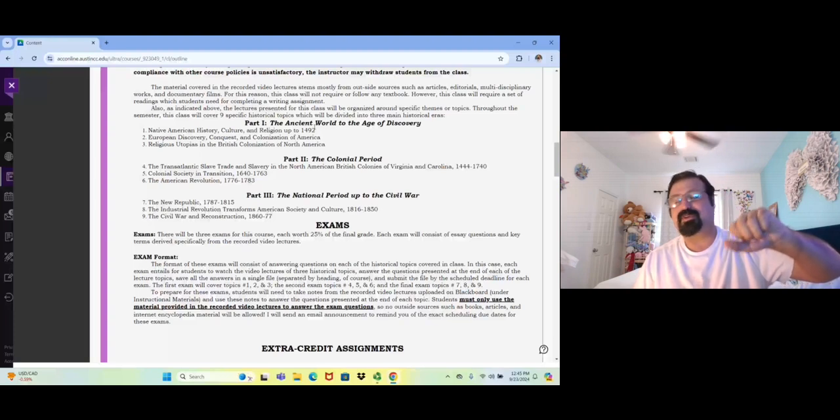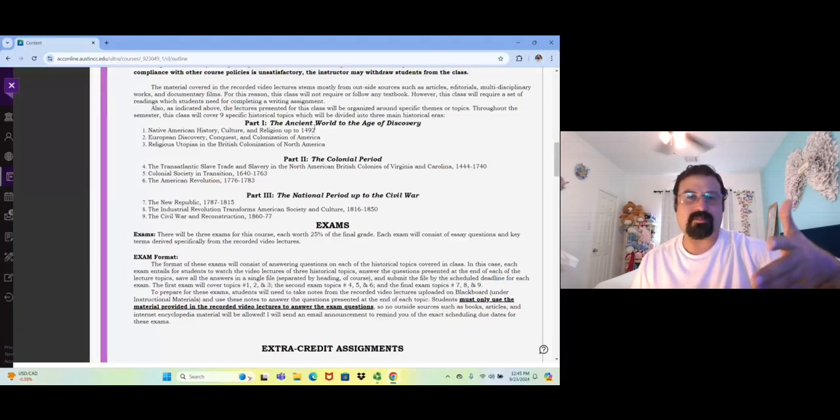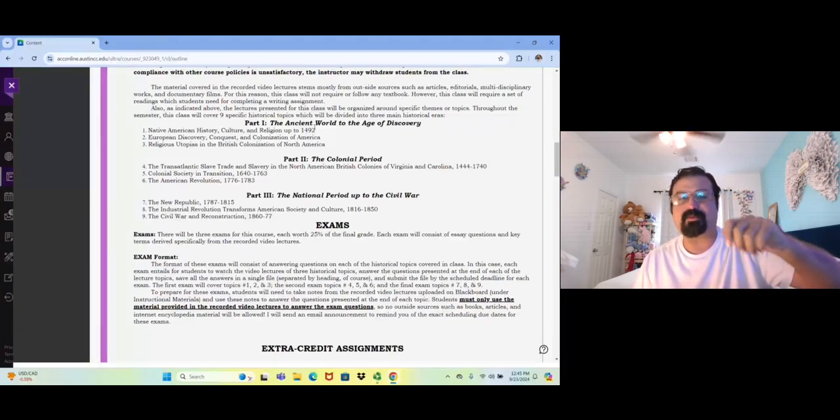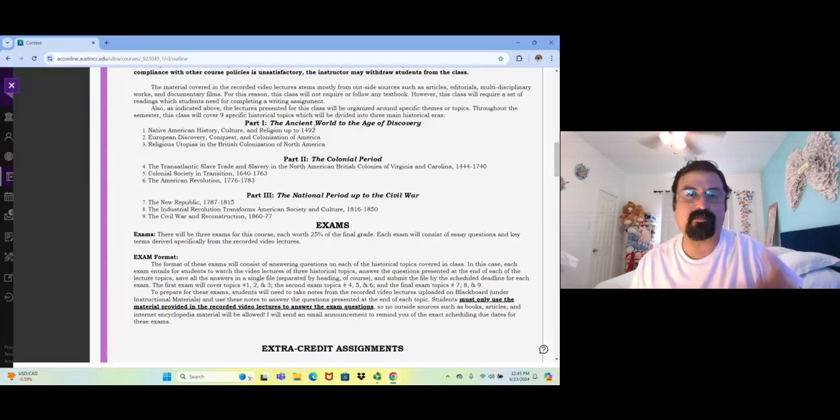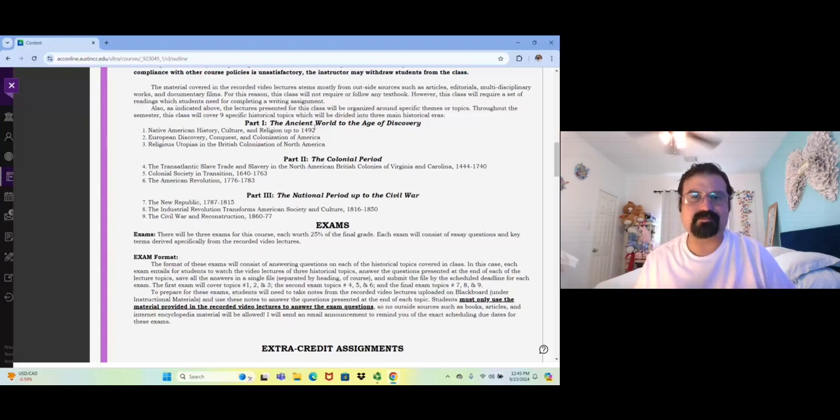So we're going to have 3 exams. We have the first exam, and then we move into the colonial period, cover the next round of topics, have the second exam over that material, and likewise, the final exam will cover the last 3 topics. So the final exam is not going to be comprehensive. It's not going to cover everything.